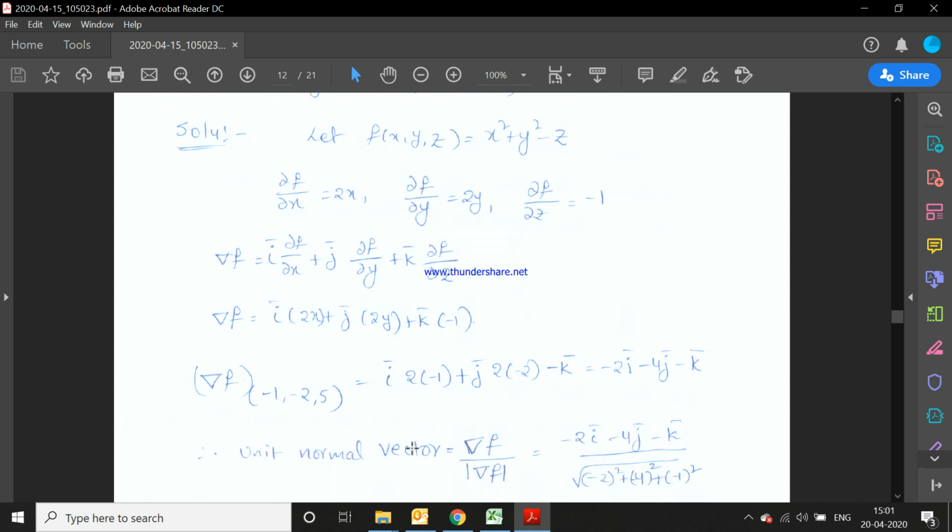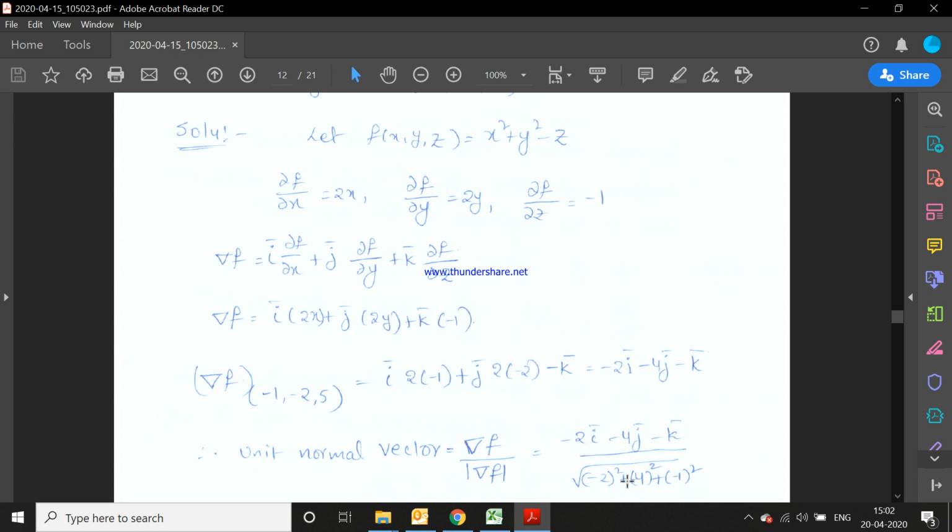So now you can find the unit normal vector, that is e bar equals n bar by modulus of n bar, or directly from del f, that is del f by modulus of del f. Here del f is minus 2 i bar minus 4 j bar minus k bar by under root of minus 2 whole square plus minus 4 whole square plus minus 1 whole square, because the x value is minus 2, y value is minus 4, and z value is minus 1.